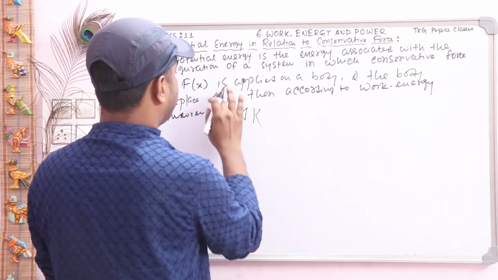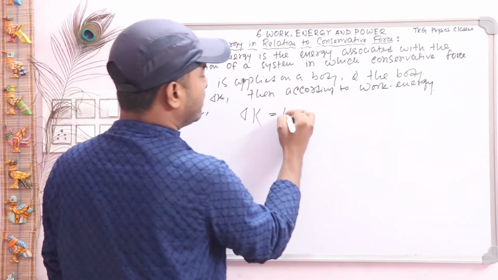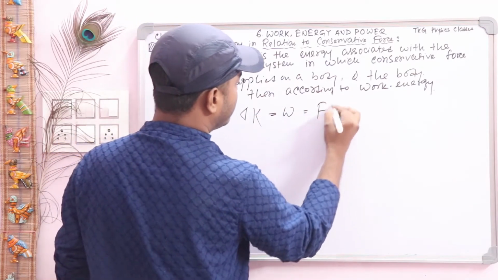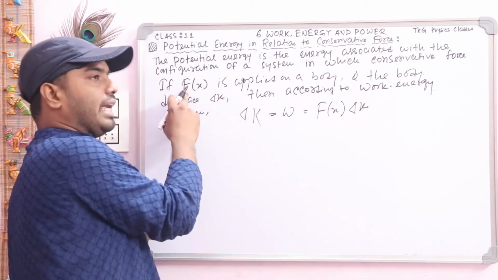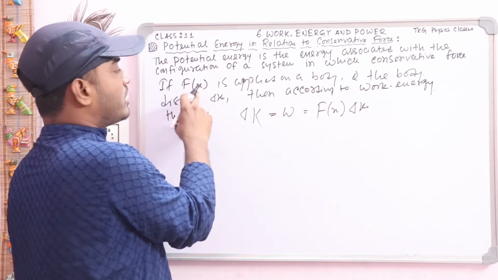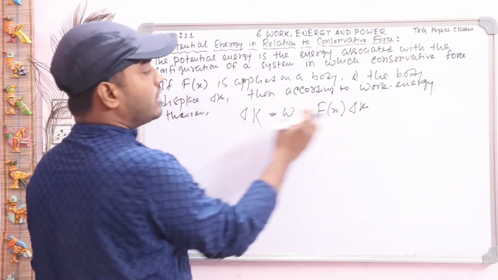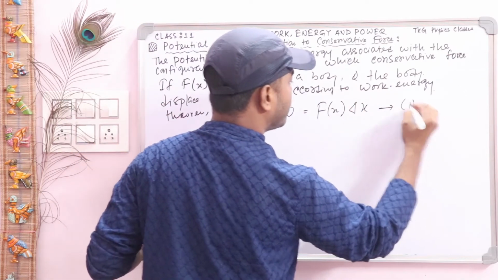So suppose the change in kinetic energy del K is equal to the amount of work done, and work done means force into displacement. Here the force applied F is a function of x, that means force depends on x, and the displacement is del x. Suppose this is our equation number 1.